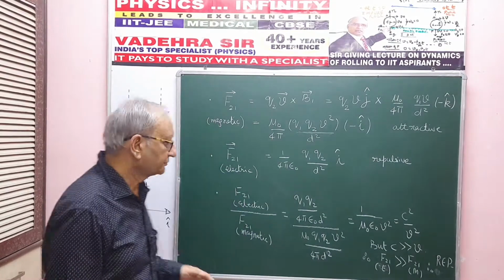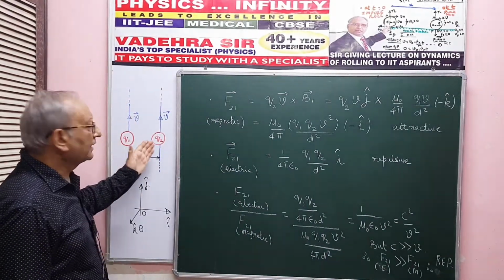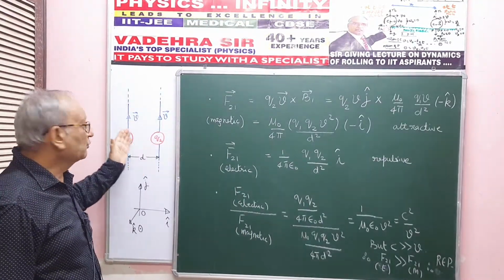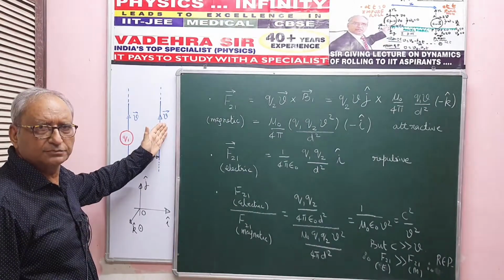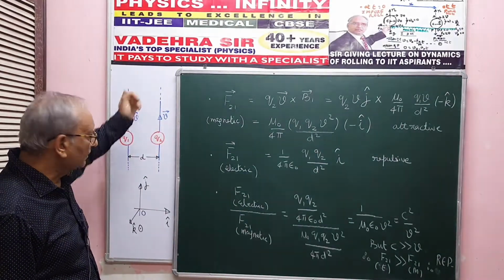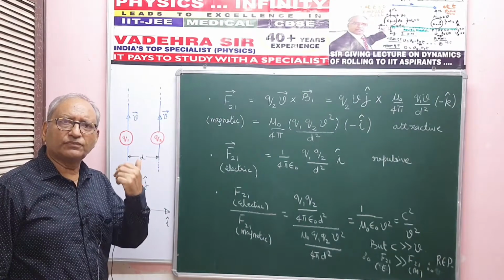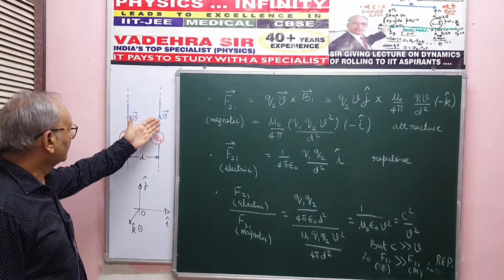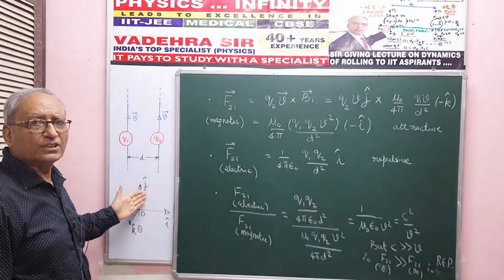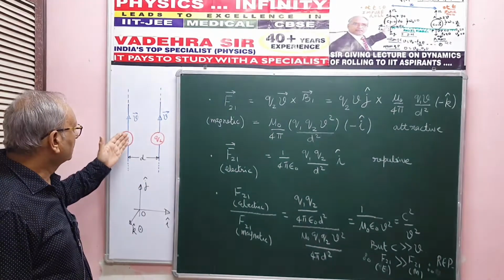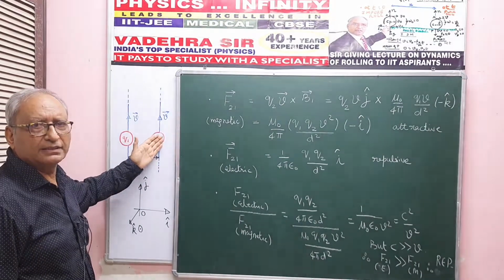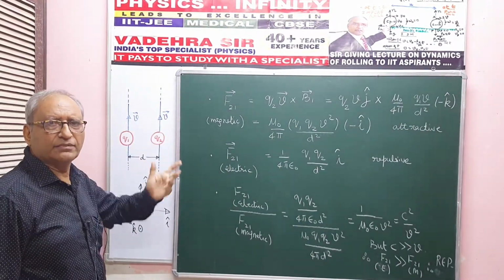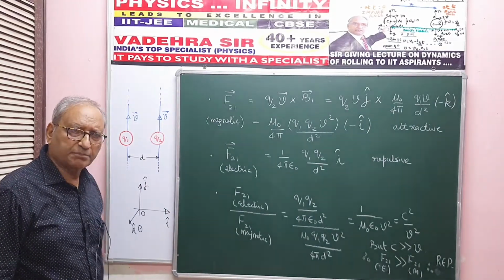So q1 and q2 are moving with velocity v arrow, in terms of vectors along j cap. So this current element and this current element both have direction j cap.